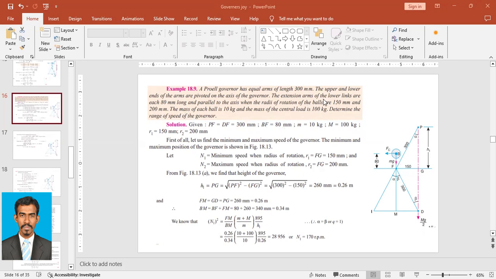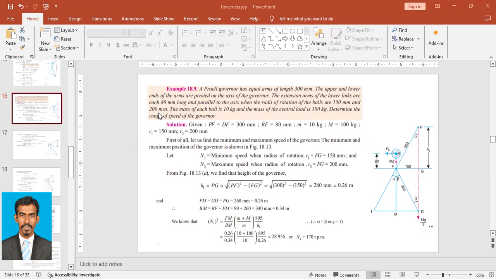As you see, extensions of the lower links are each 80 mm long and parallel to the axis when the radius of rotation of the bolts are 150 mm and 200 mm. So the radii are now given. From this we can find the N, the rotation RPM. So for the minimum speed that is 150 RPM and for the maximum it is 200 RPM. So these are the given data.